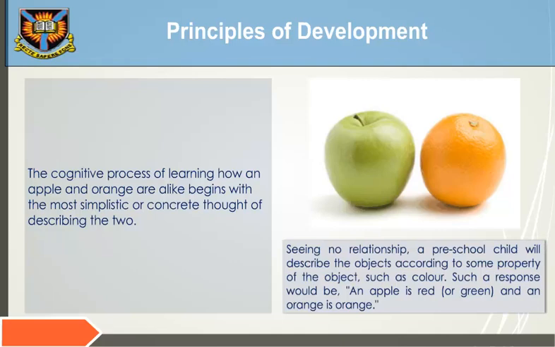The cognitive process of learning how an apple and orange are alike begins with the most simplistic or concrete thought of describing the two. Seeing no relationship, a preschool child will describe the object according to some property of the object, such as color. Such a response would be: an apple is red or green and an orange is orange.